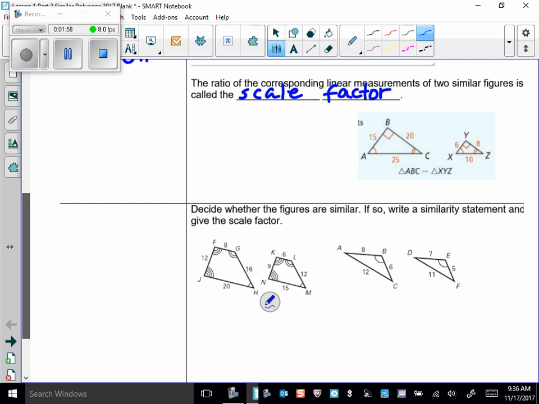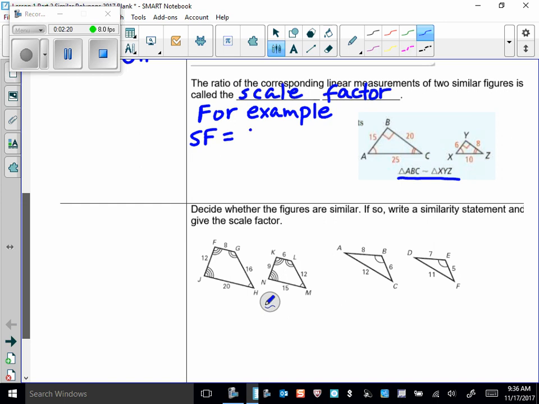So for example, the scale factor here, and sometimes I'm going to abbreviate this, is, since I already know that these two figures are similar, I can pick any pair of corresponding sides because all the ratios are going to be the same, right?